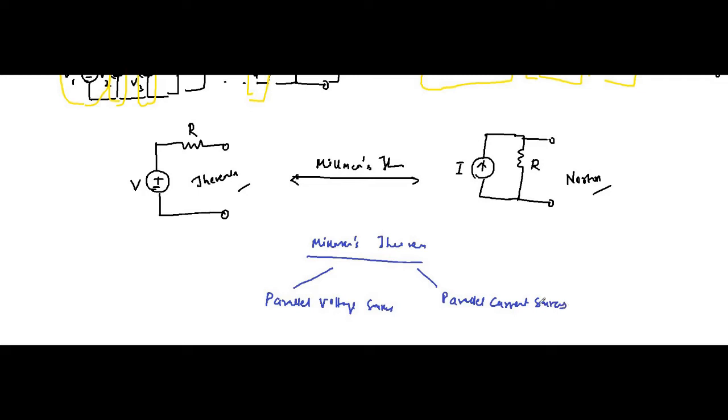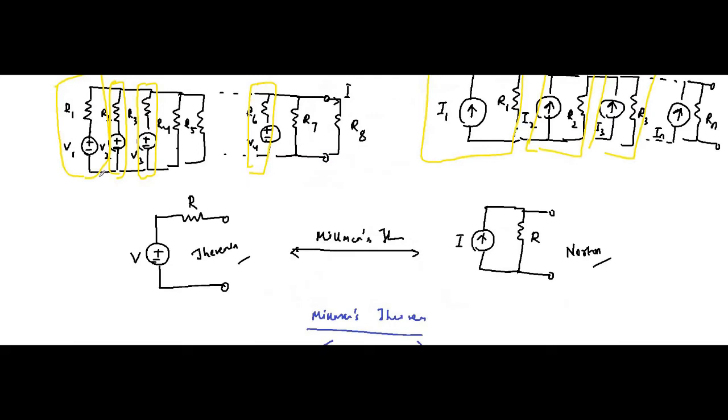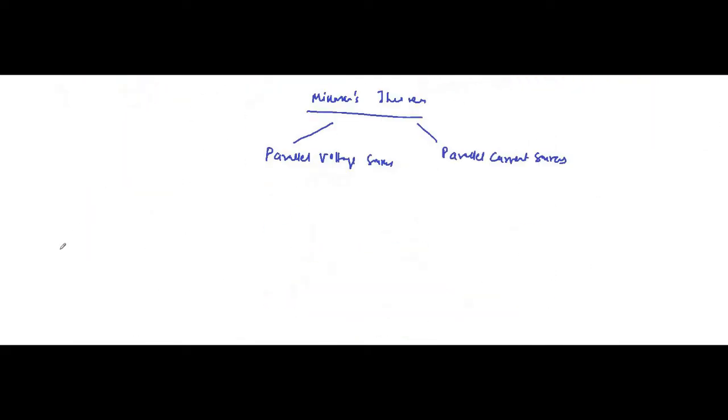Let us first discuss parallel voltage sources. Parallel voltage sources refers to this arrangement: voltage sources along with resistors, that series combination, and a number of such combinations connected in parallel. So this is a typical arrangement.